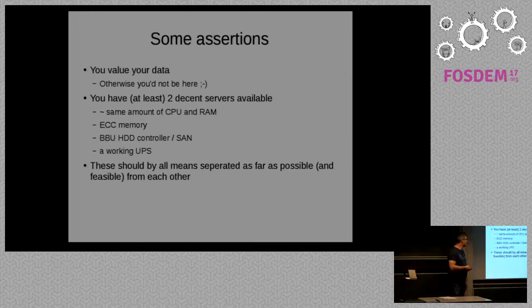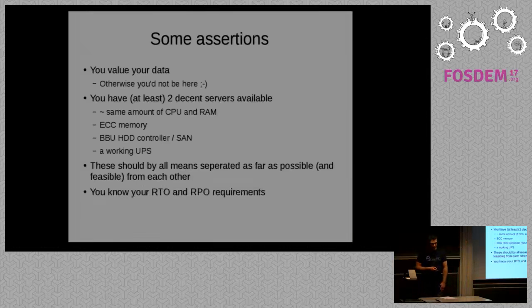You have at least an idea what your recovery time objectives and your recovery point objectives are, or what your requirements are. You don't have to have them fixed, but you should have an idea. Everybody knows what that means. RPO, RTO. Okay. So your recovery time objective means the time that you need to recover from a fatal crash or server loss, something like that, building loss, country loss.